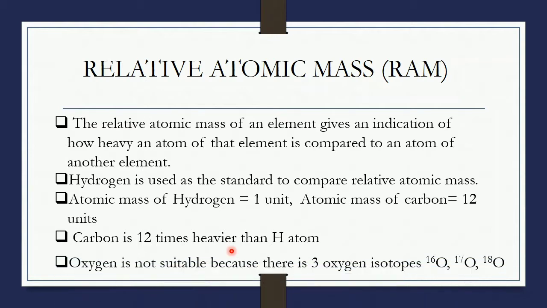And after that, hydrogen was found not very suitable to use as a standard because it is too light. So oxygen as a standard in relative atomic mass was introduced, but further on, scientists thought oxygen is also not suitable because there are 3 oxygen isotopes on Earth.